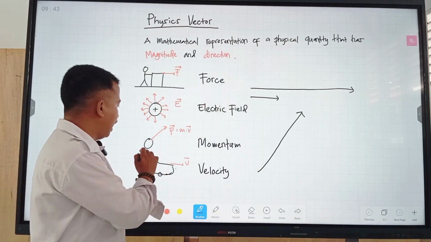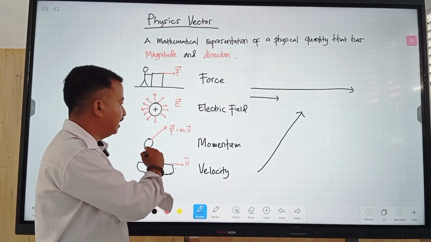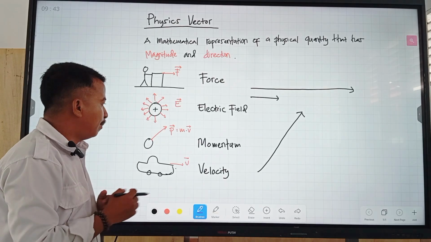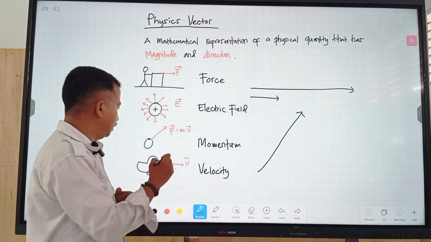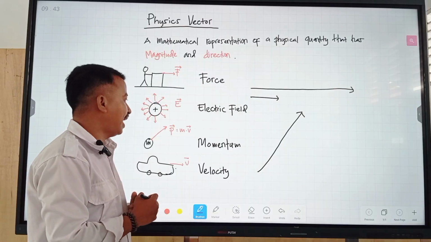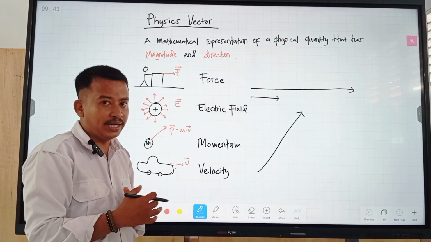Alright, here I have a soccer ball, and the soccer ball gets kicked in this direction, so it will have momentum. Momentum is simply a product of mass, which is a scalar quantity, times velocity, which is a vector quantity.